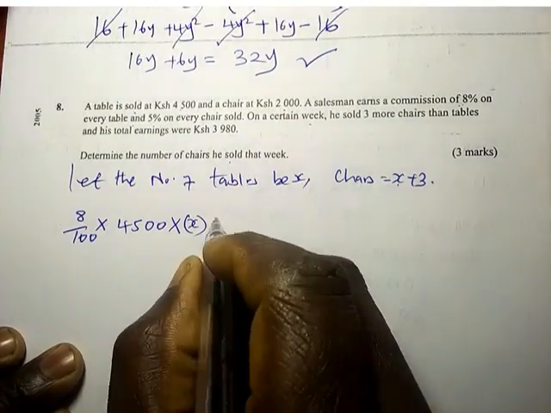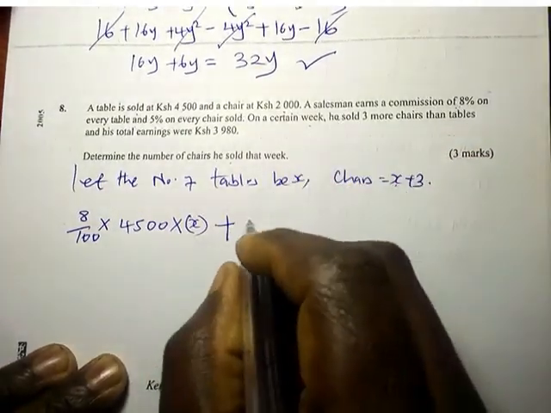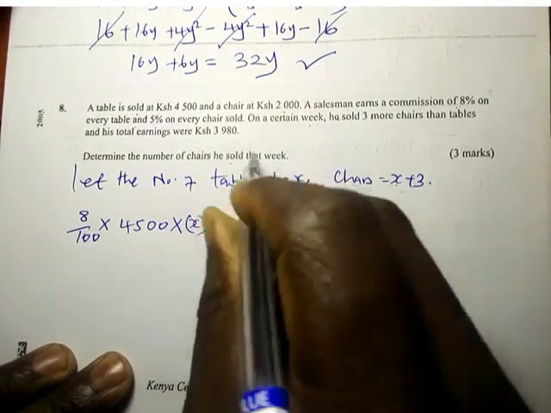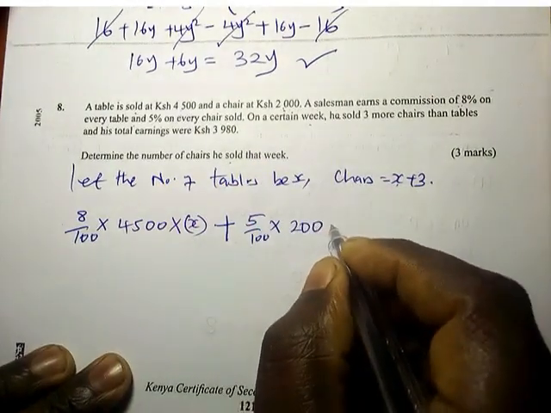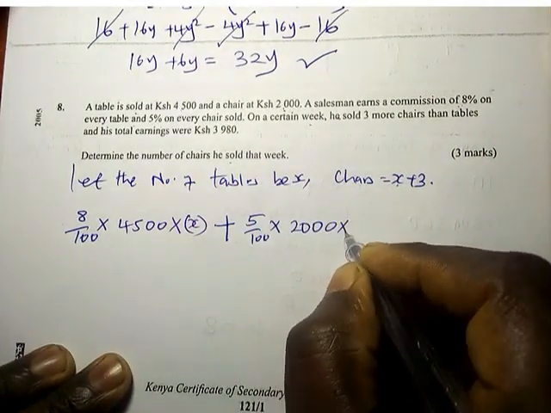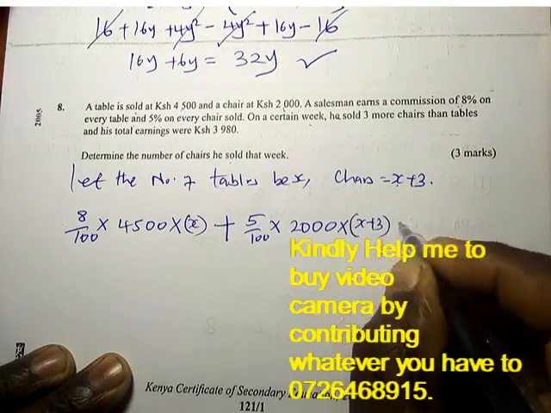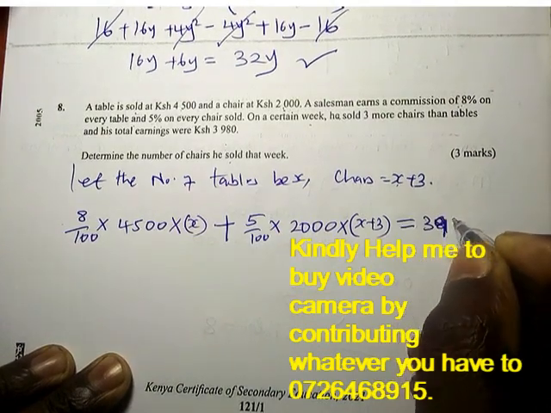Then we add the commission for the chairs. The commission was 5 over 100 times each was 2,000, times the number of chairs, which were x plus 3. This will give us a total of 3,980.